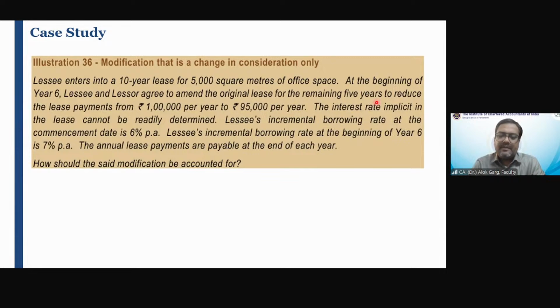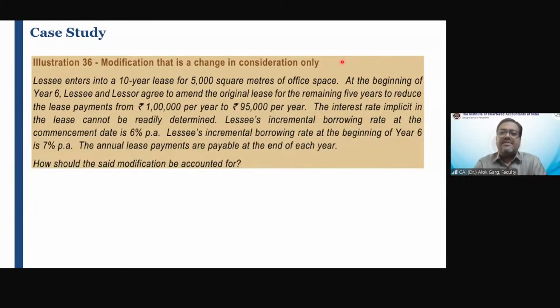So whenever there is a modification which leads to a decrease in liability, the decrease has to be adjusted with the ROU asset to the extent it is available. Over and above that, it has to be charged to the P&L.